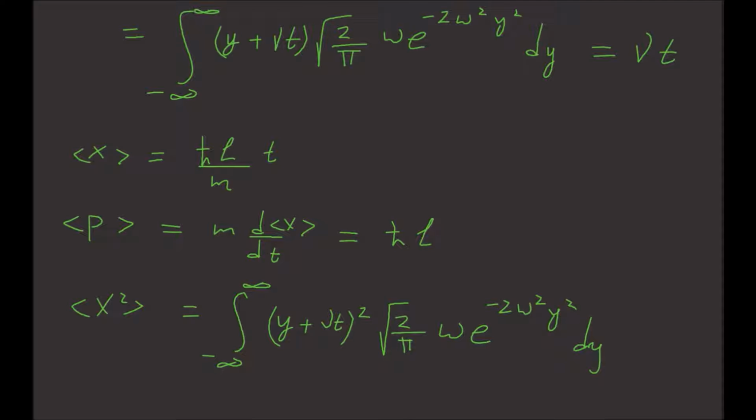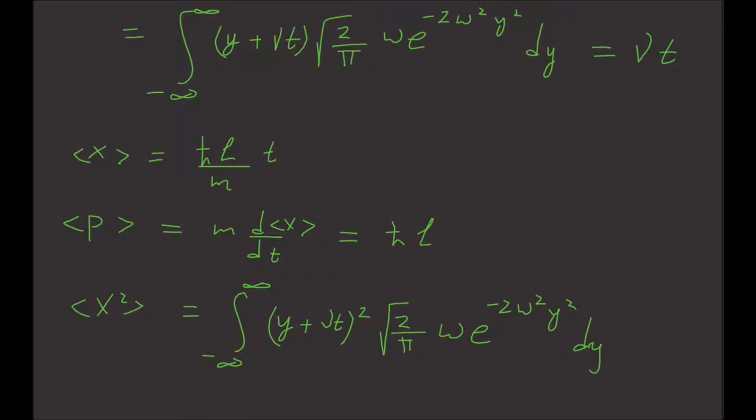So let's go ahead and evaluate this integral here. This integral is going to have 3 pieces, because when you expand this term, you get 3 terms. The first term, after you evaluate it, is 1 divided by 4 omega squared, plus 0, plus vt square.